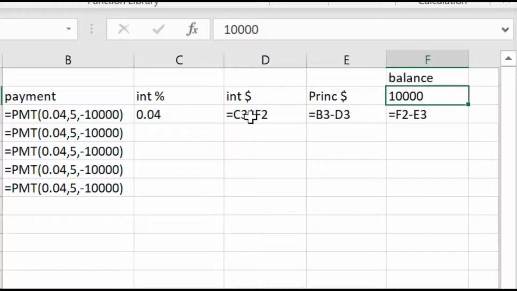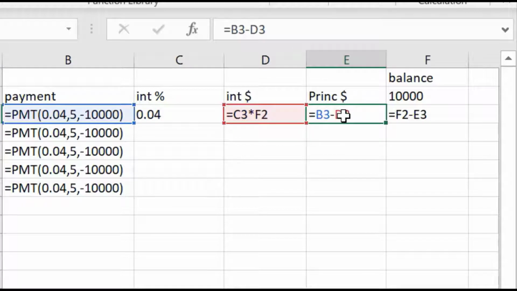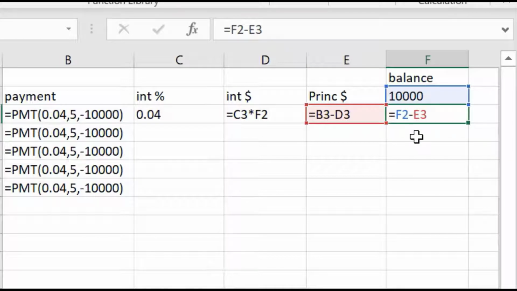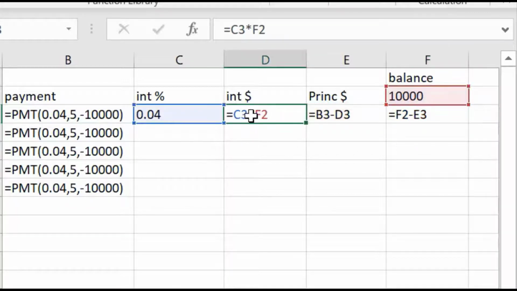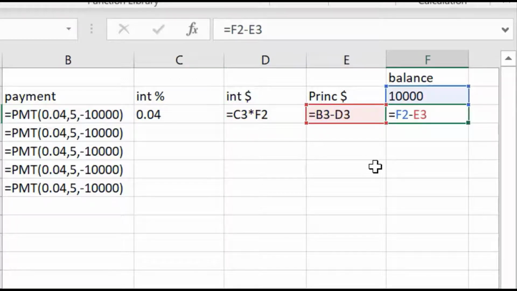That gives us our interest dollars here. We then can figure out what portion of our payment goes to principal by subtracting out the portion that's in interest dollars. This gives us our new balance. These are the only formulas you need to know when creating an amortization chart.